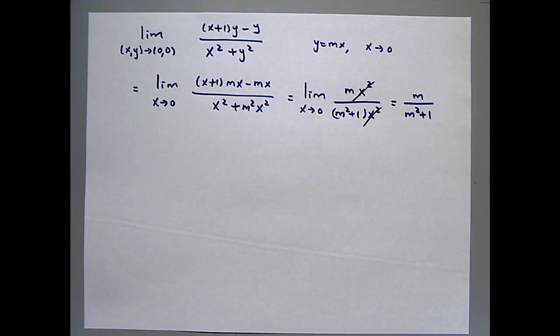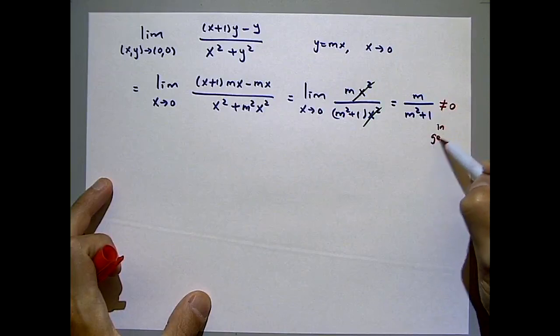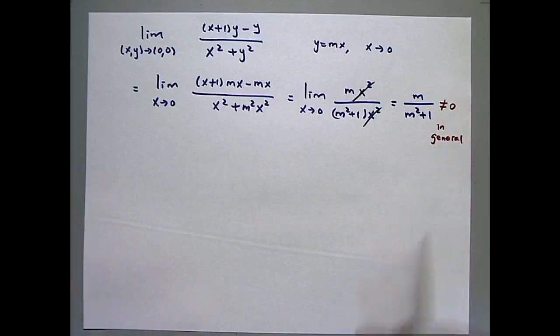All right, remember, all the one-sided limits have to be the same for the limit to exist. So now the question is: is m over m squared plus 1 equal to 0 in general? M is a real number you get to choose, the slope of the line, right? Is it equal to 0 in general? No, exactly. This is not equal to 0 in general. So this means that the limits don't match.